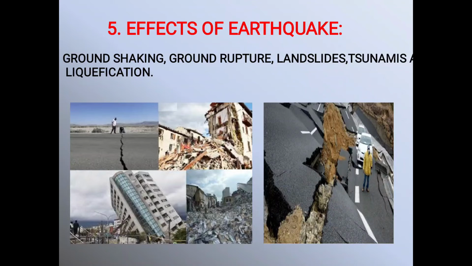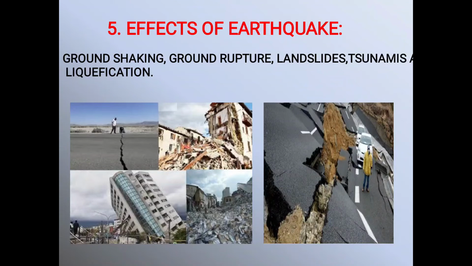The next is contraction of the rock strata. Contraction of the rock strata takes place, which is evident from the bending of railway lines and pipelines. When these rock strata contract, the railway lines laid down in these areas, or the water pipelines, gas pipelines or oil pipelines, may be bent, causing great damage to property.